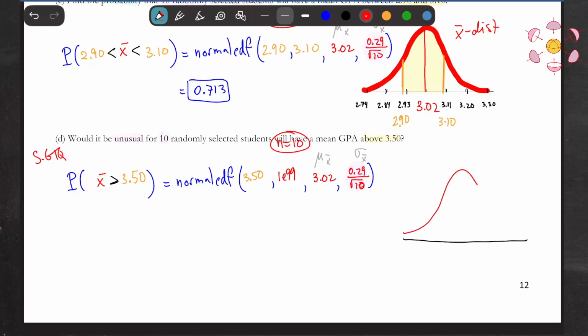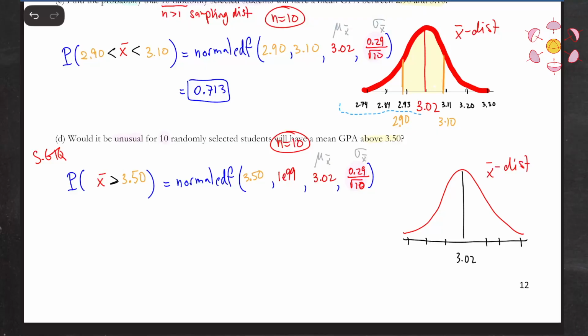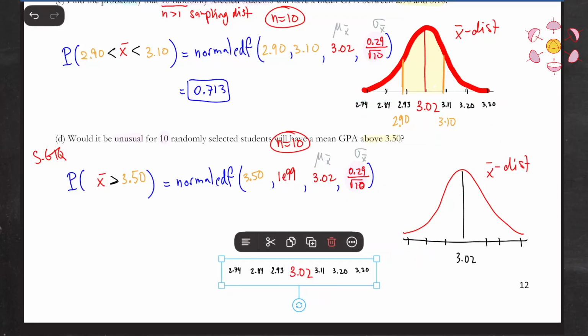So imagine our x bar distribution with our sample of n equals 10, 3.02, and the marks 1, 2, 3, 1, 2, 3. Okay, but maybe what I will do is copy and paste those numbers so I don't have to type them up again.